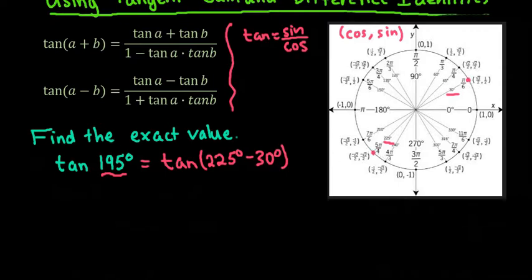The first thing that we want to do is rewrite this using the rule. Since it is a difference, I'm going to use this rule, and we want to pay very close attention to the signs that we use.